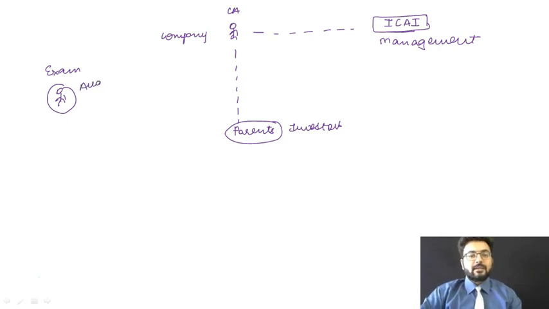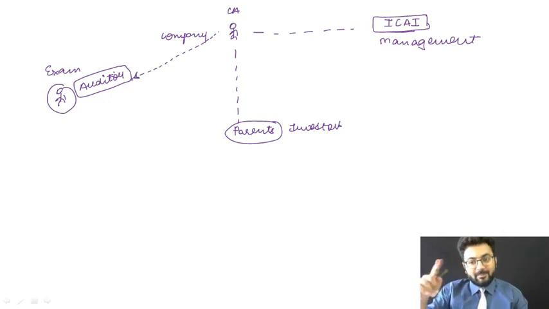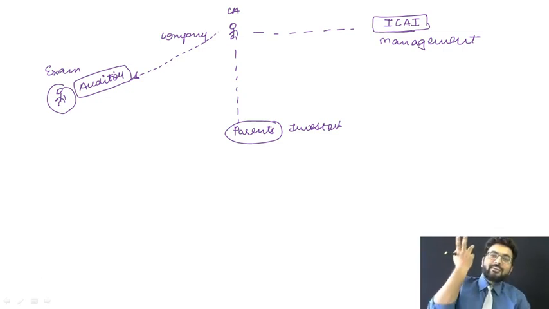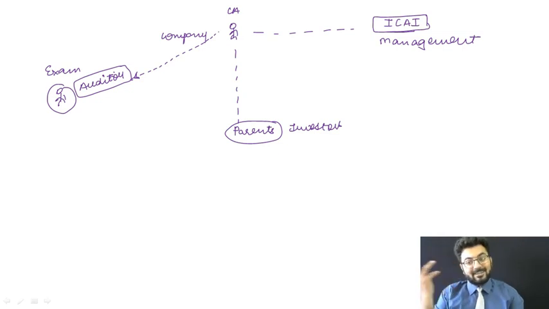You can consider him as your auditor. If this auditor is a friend of the company, then what is going to happen? If the person who is going to check my exam is your friend, you will be getting 100 on 100 in auditing. You will set a world record.